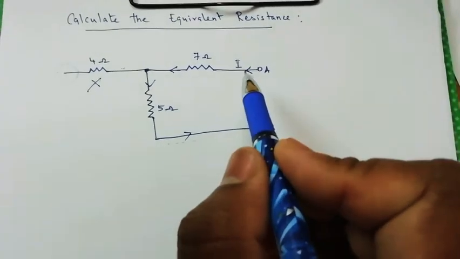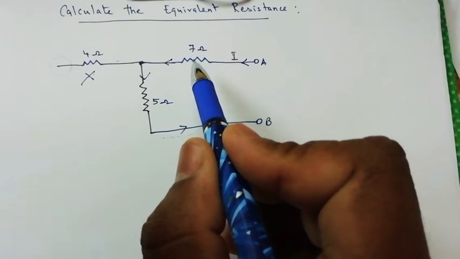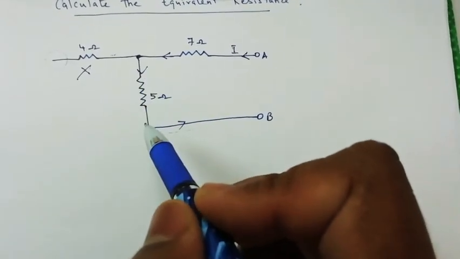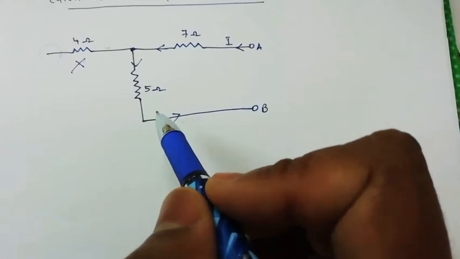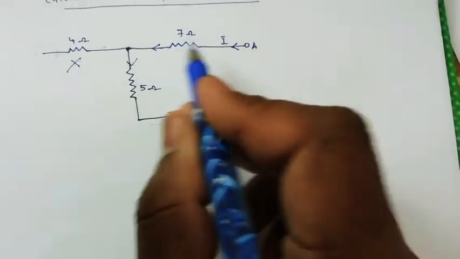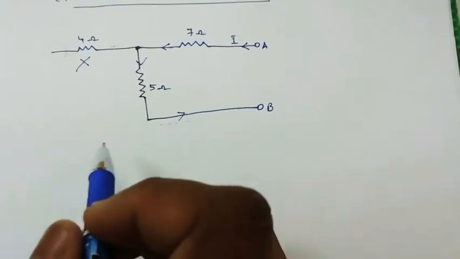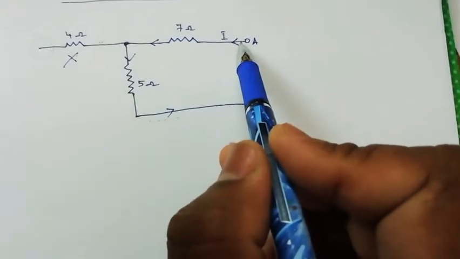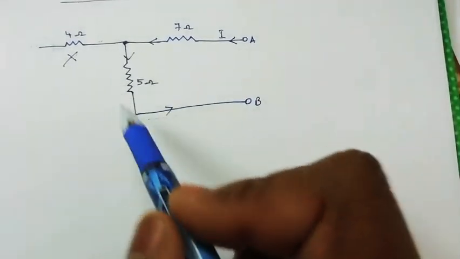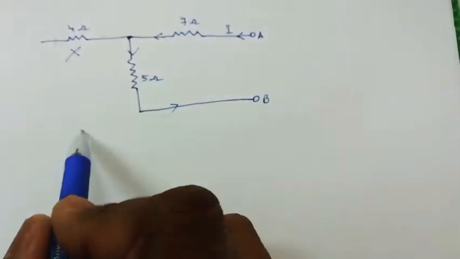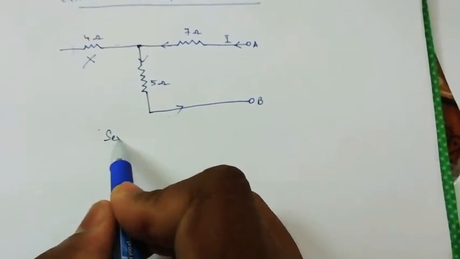It is coming through the 7 ohm resistance, then it changes direction and moves through the 5 ohm resistance, and then it completes the circuit. If you watch carefully, the same amount of current is flowing through the circuit, so definitely it is a series combination.